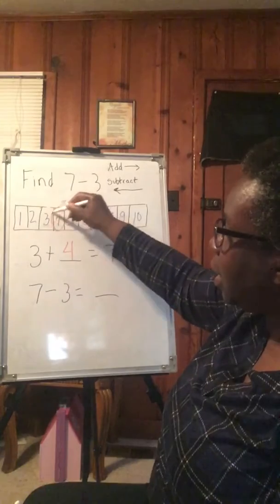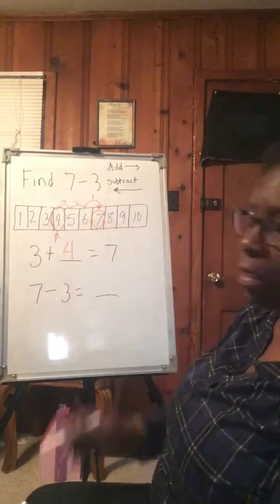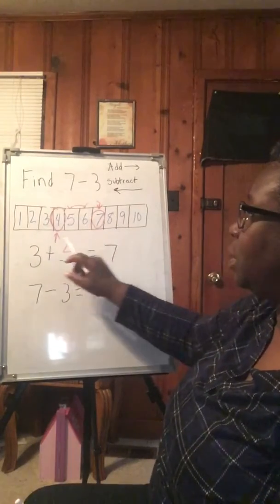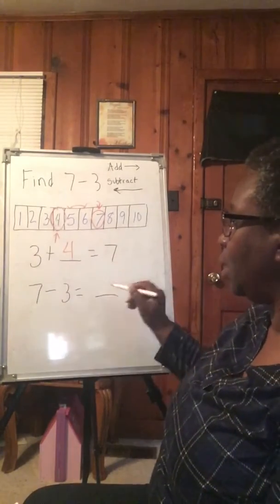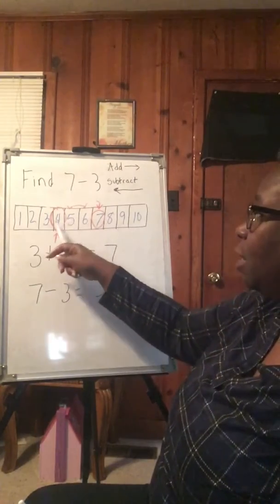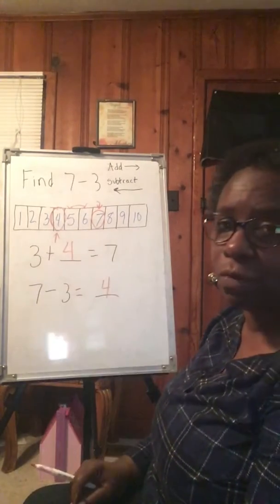But we're going to look at the number that we land on for our answer. We're not counting spaces this time. We're saying what number did we end up with. And that gives us our 4, because we went back 3 spaces and ended up on our 4.